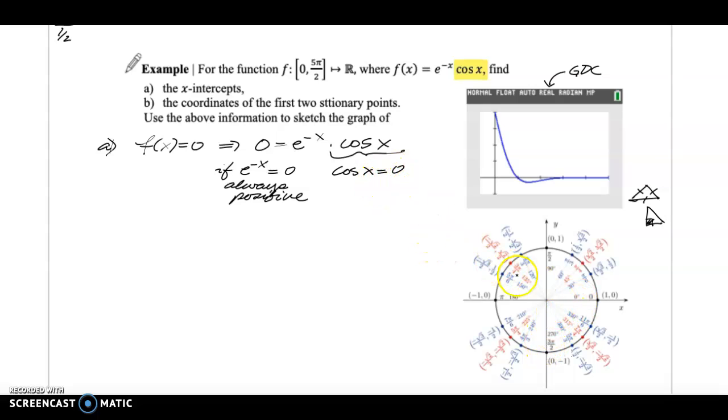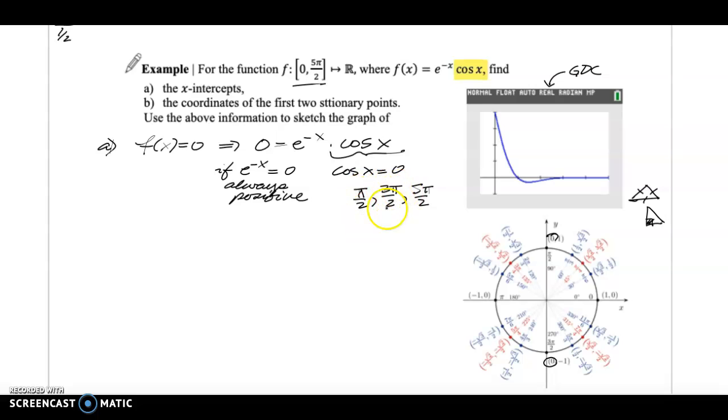So where is cos going to be 0? Well, you know it's here. There's 0. And there's 0. So we need to look at the interval. Notice the interval that we're on. So it's going to hit pi over 2, 3 pi over 2, and again, we come back over, this would then be 5 pi over 2, right?